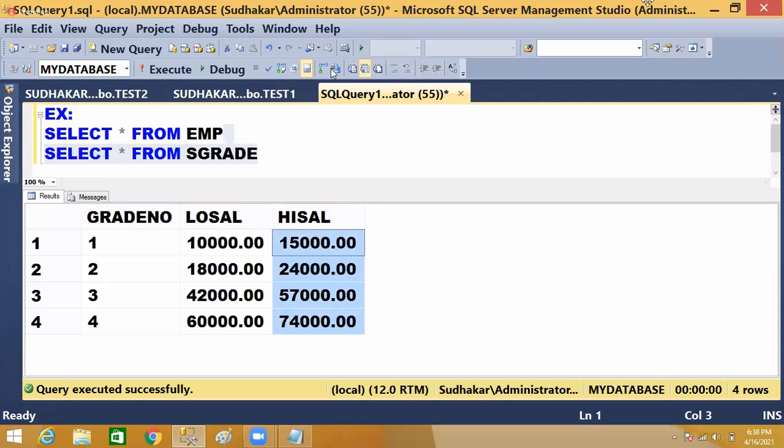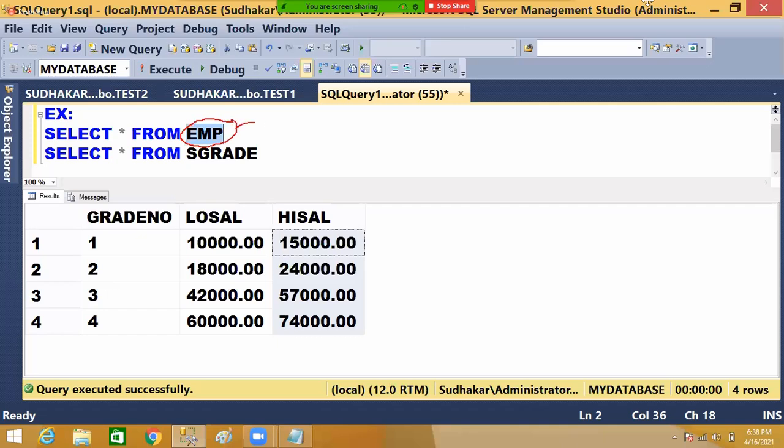So that means employee details are in one table, and low salary and high salary information is in another table. Now by taking these two tables, we want to find which employee salary is between low salary and high salary. The total is 15 employees.